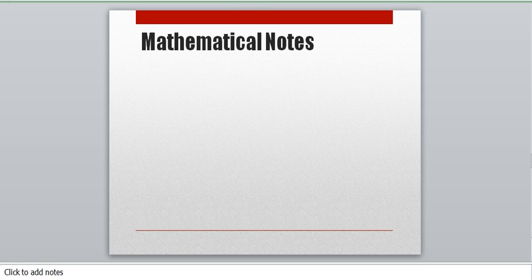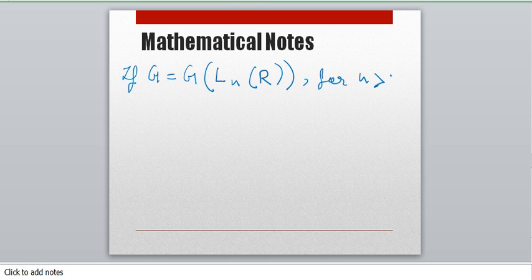Say a group G is the general linear group of real numbers, GL_n(R), for n greater than 1.